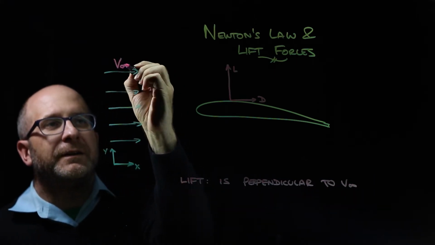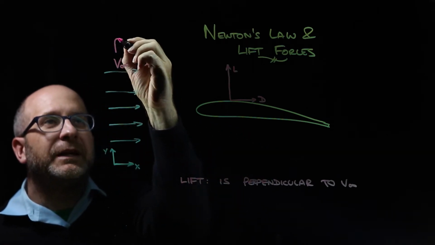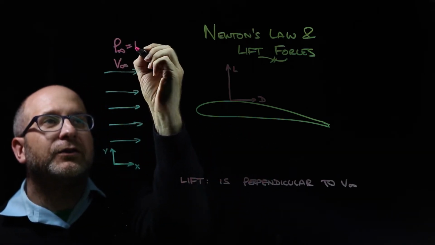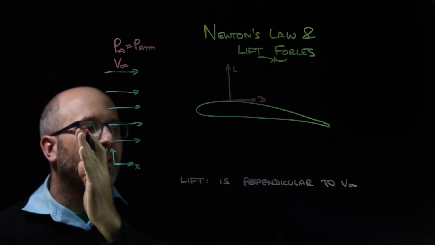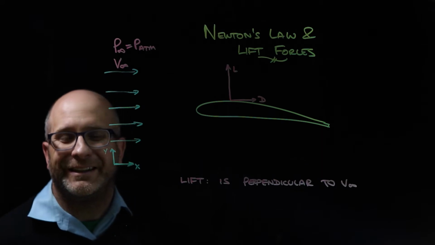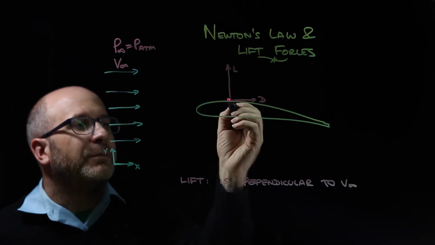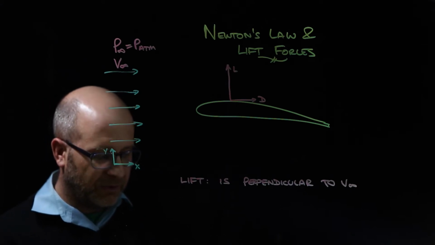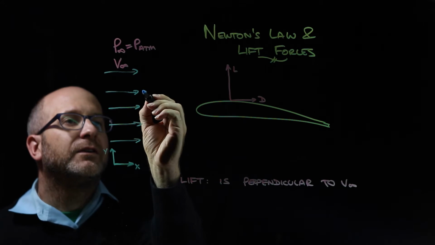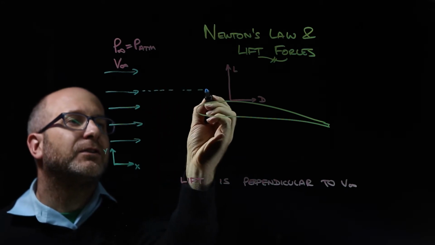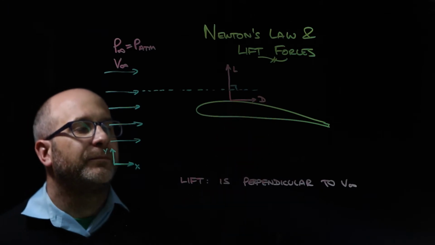So V infinity representing the flow far upstream, and P infinity, the pressure over here, is equal to P atmospheric. So this is far away from the airfoil, we call infinity. That's just a notation in aerodynamics. But what we can see is that this is going to be perpendicular to this direction like this. So I'm just going to put a dotted line here so it's very clear, and perpendicular like this.